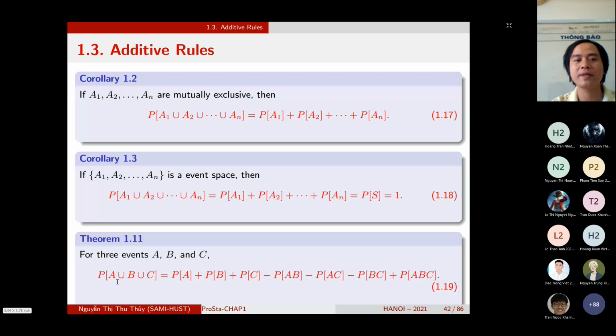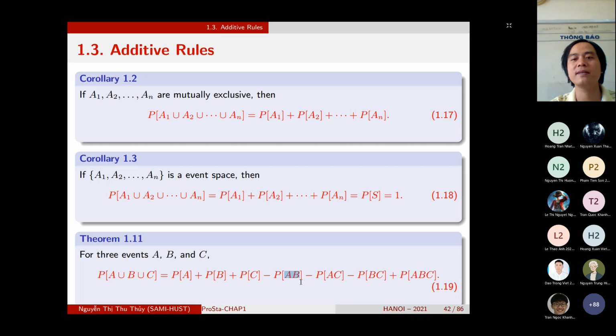That is, the probability of the union of the three events A, B, and C can be computed by, firstly, taking the summation of the probabilities of A, B, and C. Okay, the first step is we take the summation in this way, and then we subtract the summation of the intersection of each pair: AB, AC, and BC.